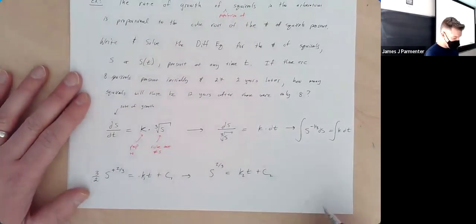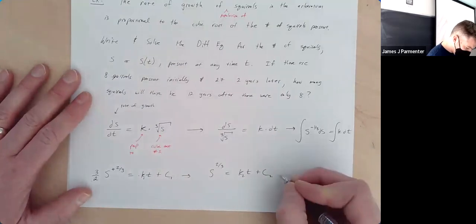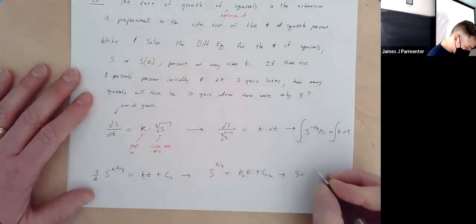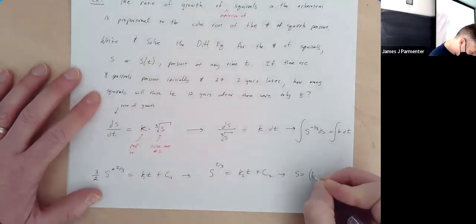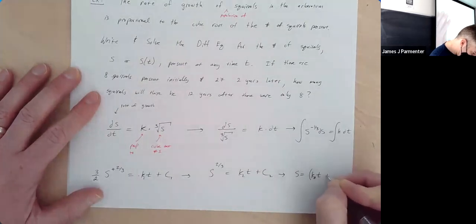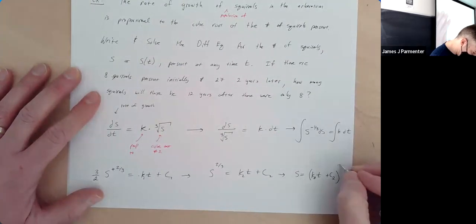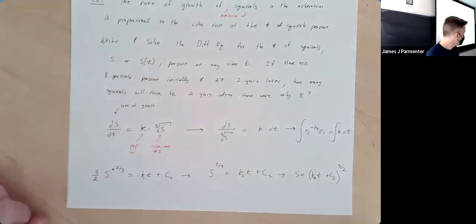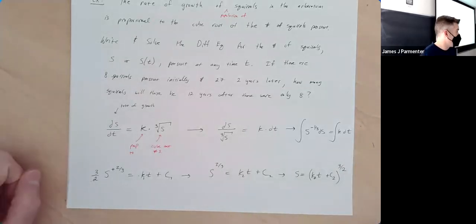And then we take both sides raised to the 3/2 power. So we'd write S equal to (K2T plus C2) raised to the 3/2 power. And that would be our general solution.